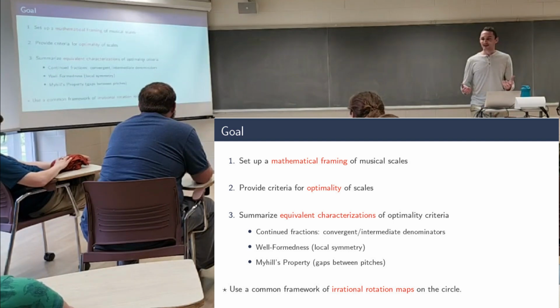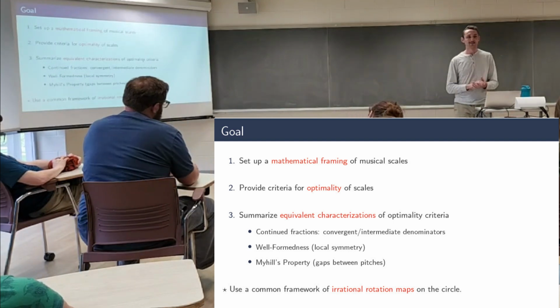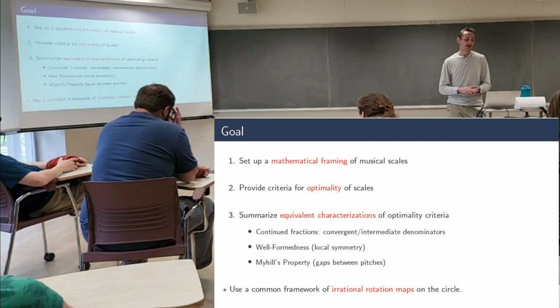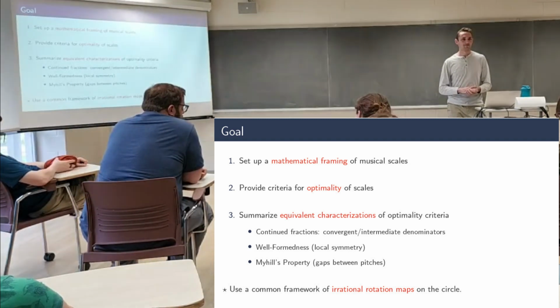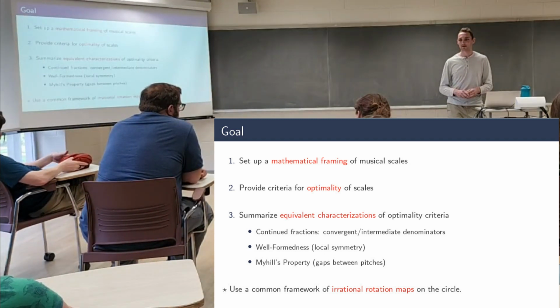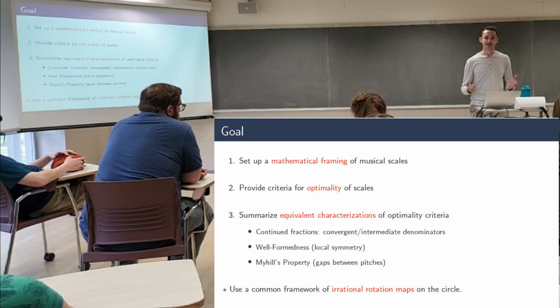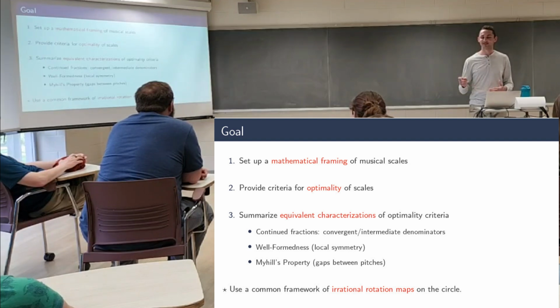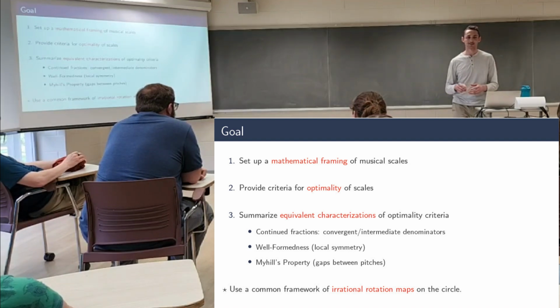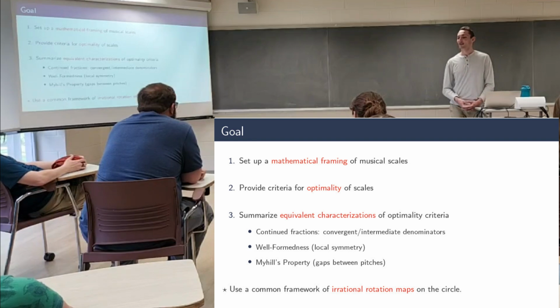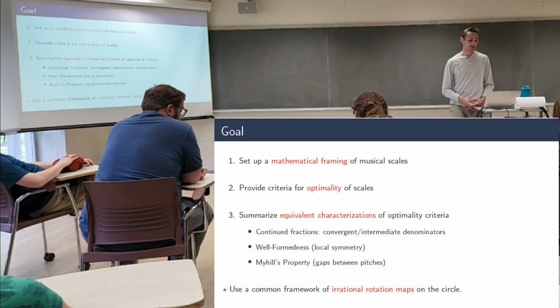To do this, first we have to set up our mathematical framing of scales, and then provide criteria for optimality of scales, and we'll have a couple of different criteria. Once we do that, we'll go over some logically equivalent characterizations of these criteria. The first one comes from continued fractions, which we'll talk about.